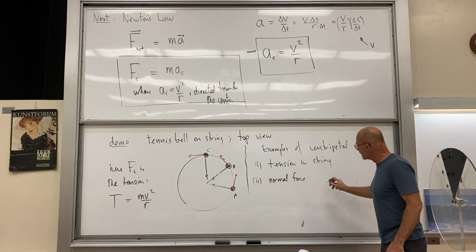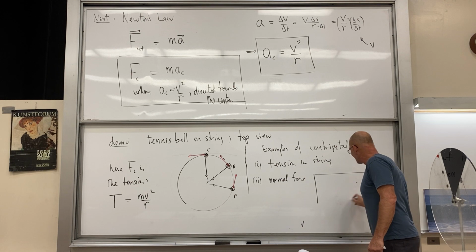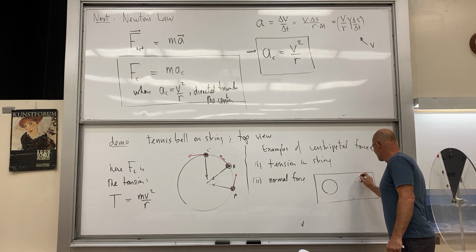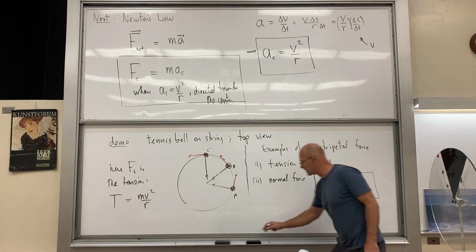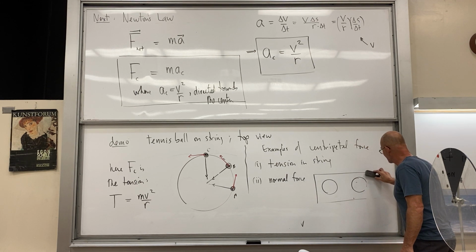What we have here backstage is this plexiglass cutout with a circle, and the other one, I'll draw the circle and show you what we have here. It's a circle that is actually cut out like this.